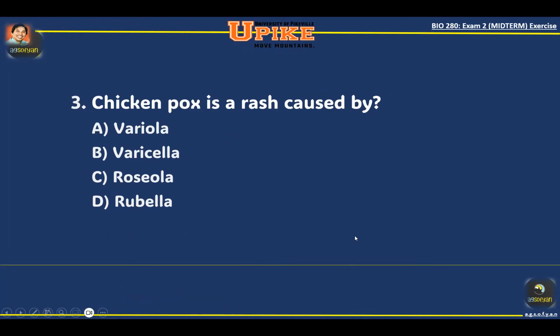The next one, chickenpox is a rash caused by A, B, C, or D. It is caused by viruses. And there's a special virus that causes chickenpox. It's called VZV. V is for varicella, this is chickenpox.